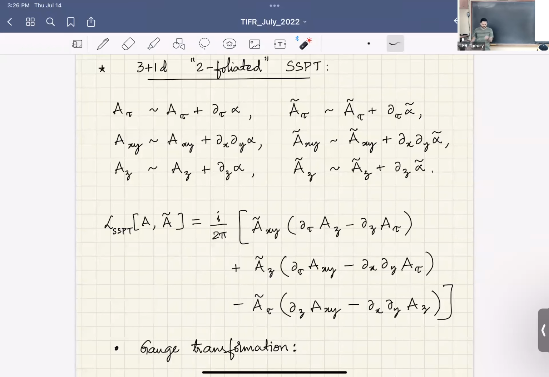It's like the signs that you get from epsilon. 2 plus 1. Yeah. Nice. So one easy way to see that is if you do integration by parts, you want to get a field strength involved with these two points. That means you should have a minus. So this whole structure, the thing you're multiplying, is anti-symmetric under tau and z interchange, but symmetric under x and y.